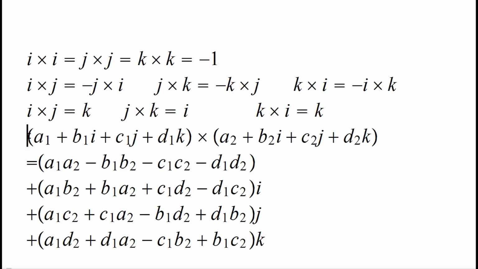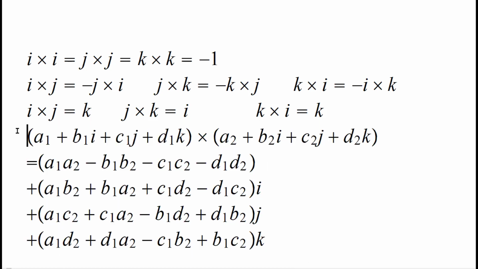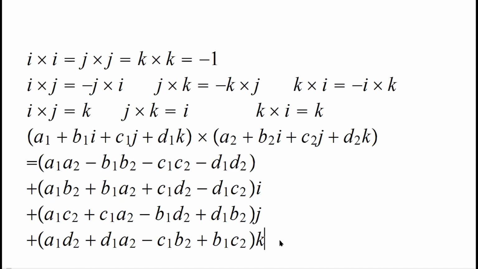So we can continue in that style, and our product will become, collecting all the terms and combining the constant term, or the non-ijk term, and the coefficients of i, j and k, we shall find that the product equals this. So this of course is a non-commutative ring, and it also has an identity.